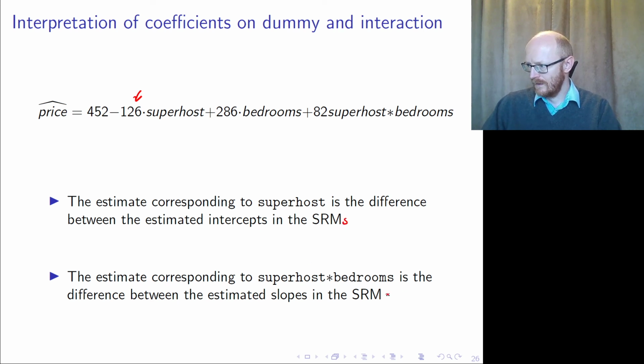If this coefficient is statistically significantly different from 0, then you know that the estimated intercepts in the two different regression models are different.